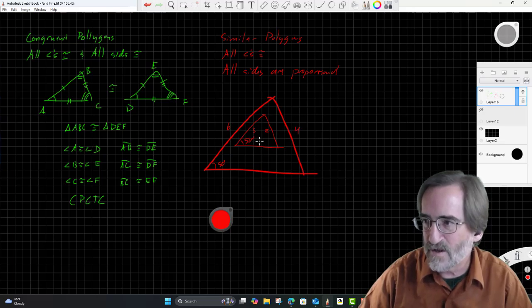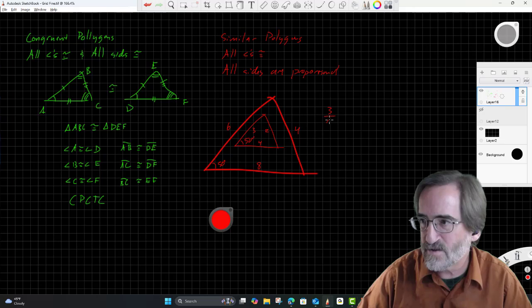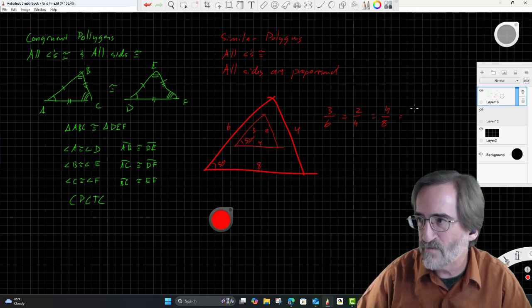And if this side is 4, this side is 8, because they all have the same ratio. 3 is to 6, as 2 is to 4, as 4 is to 8. Going the same direction. And if you reduce all of those, you'll notice those are 1/2.